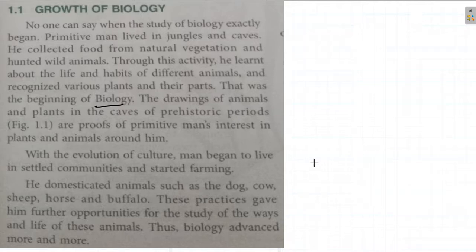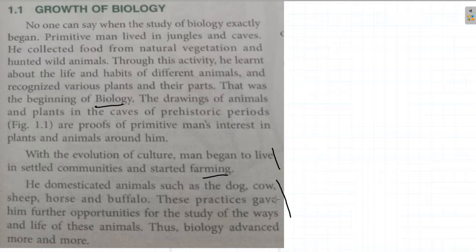This reflects his interest in the animals and plants around him. When he started cultivation and, with the evolution of culture, started settled living and farming, he domesticated animals such as dog, cow, buffalo, sheep and horse.